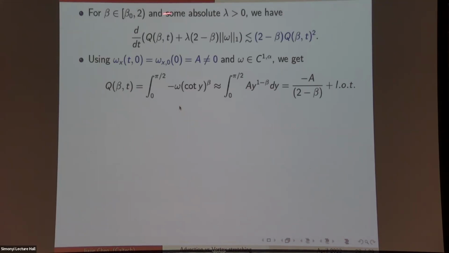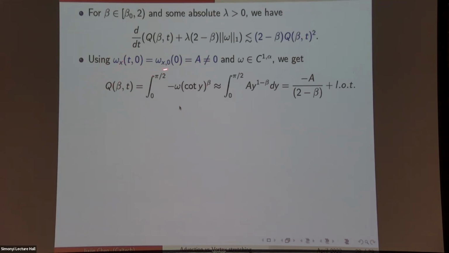Now, we derive this closed energy estimate. But we need to use one more thing about the evolution. The slope of the solution is conserved. This is the derivative of the solution. This part is conserved by the equation. Using this conservation law, for Q beta, we can derive something.